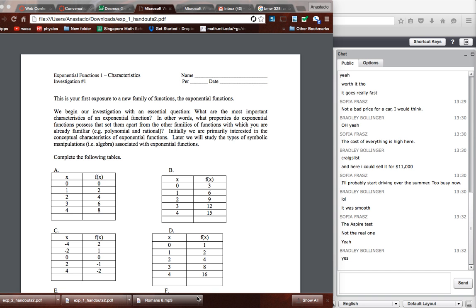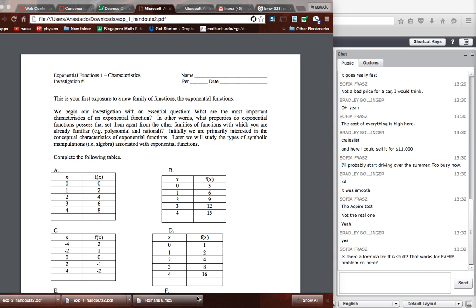What we've covered so far is linear functions, and linear functions are straight lines, like y equals mx plus b. One of the key characteristics of the linear function is the exponent on the x. Yes, there is a formula for this stuff that works for every polynomial. But first I'm going to introduce what an exponential function is.